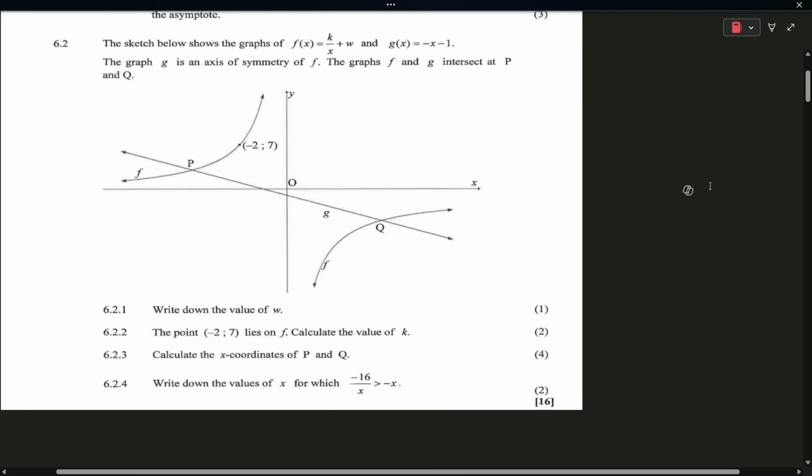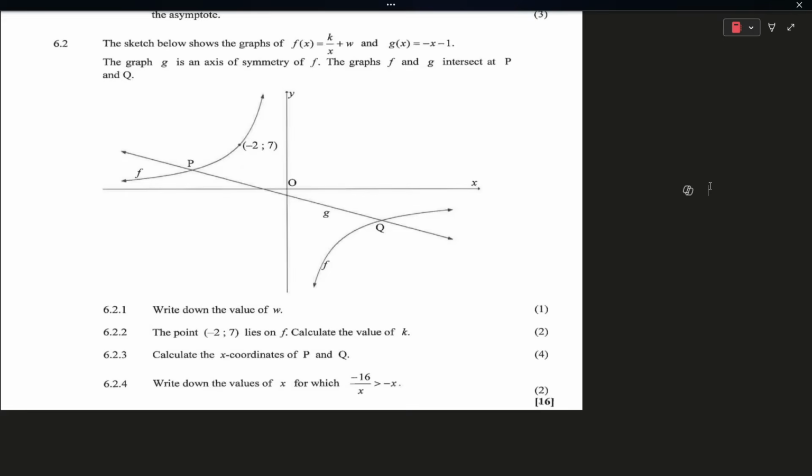In the equation above, we are told that the graph below shows the graph of f of x, which is given by k over x plus w. Do you see that, class? And we are also told that g of x is equals to minus x minus 1. The graph of g is the axis of symmetry of f. The graphs f and g intersect at p and q.